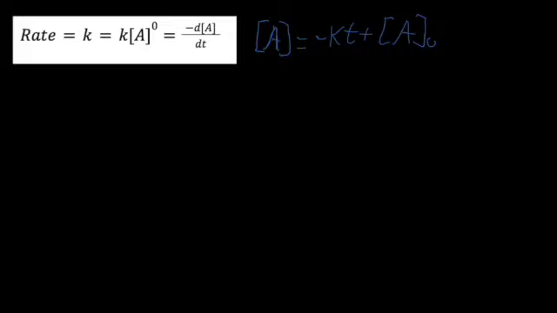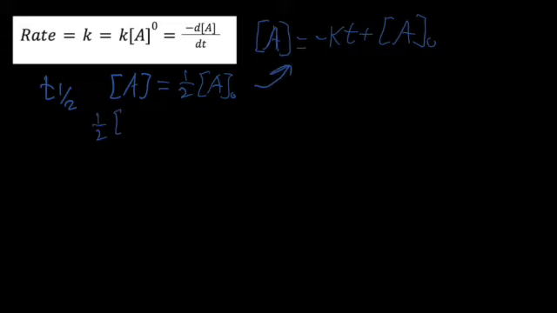Now what we can also find is the half-life of this reaction. And so the half-life, T1/2, occurs when the concentration of A is equal to 1/2 the concentration at the beginning. And so we can substitute this into this equation. So we can say that 1/2 of the initial concentration equals negative K times T1/2 plus the initial concentration of A. And what we can also do is rearrange this equation.